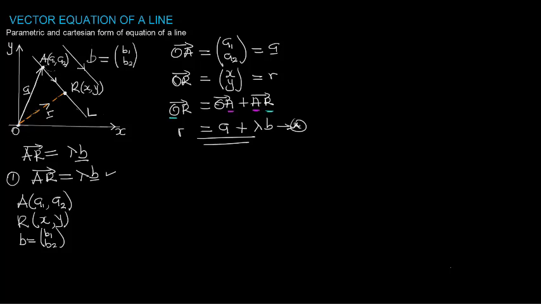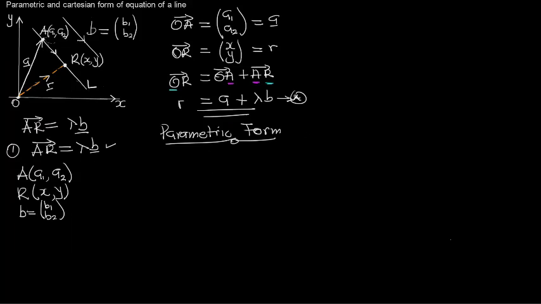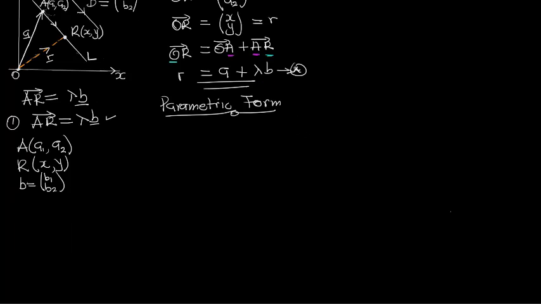So now we have one form of the vector equation of a line. The second thing I want to talk about is the parametric form. For the parametric form, I write vector r in terms of its position vector. First, let me repeat the vector equation. Now we know the vector equation of the line is this.